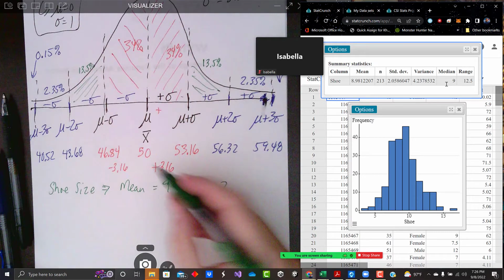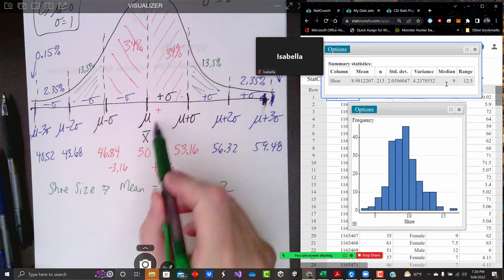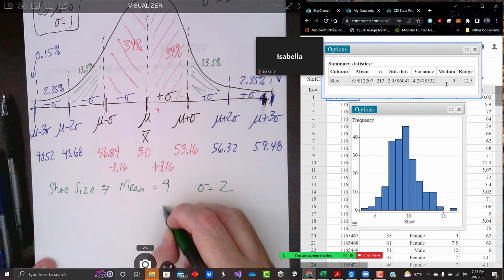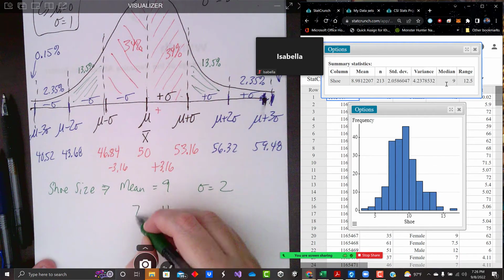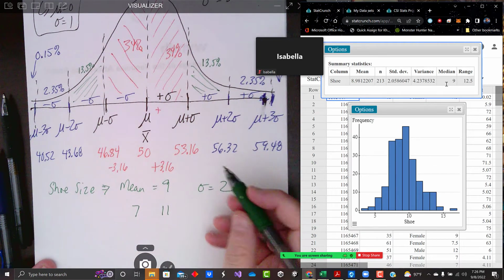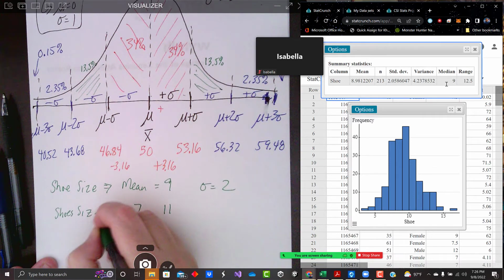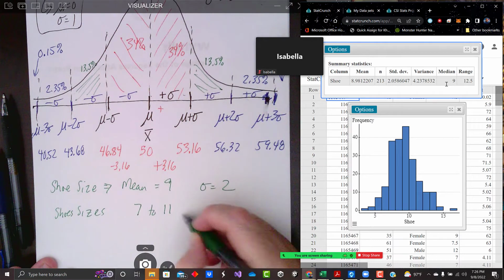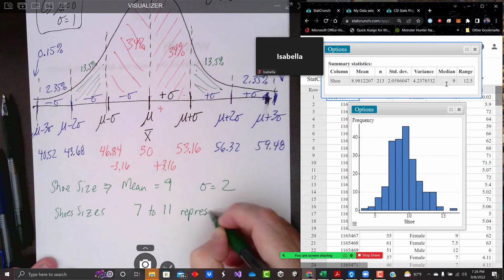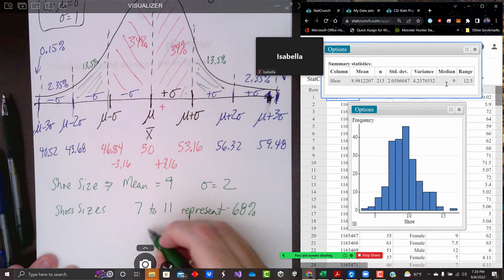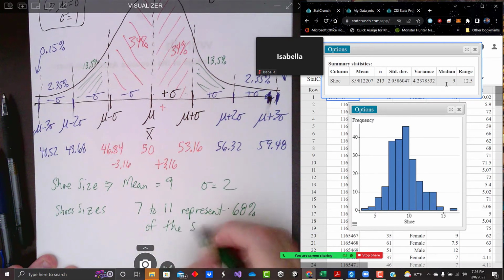Which means if I do +1 standard deviation and -1 standard deviation, 9 plus 2 is 11, 9 minus 2 is 7. Shoe sizes 7 to 11 represent 68% of the group, of the sample.